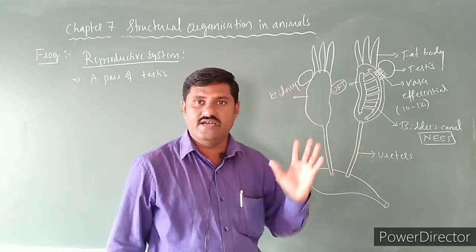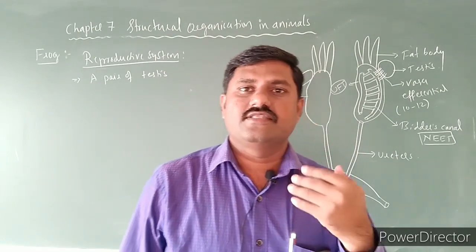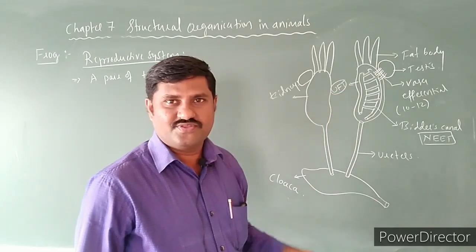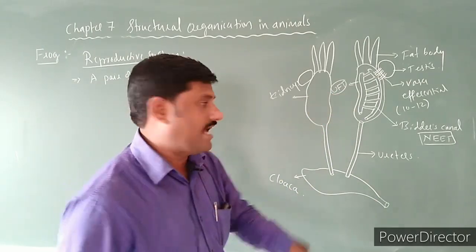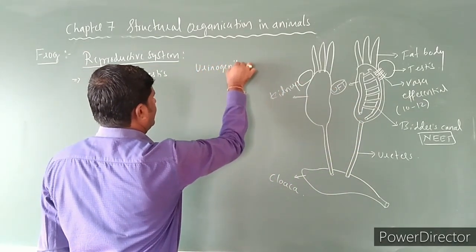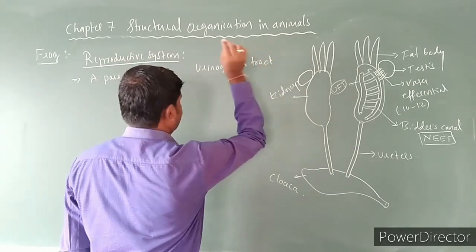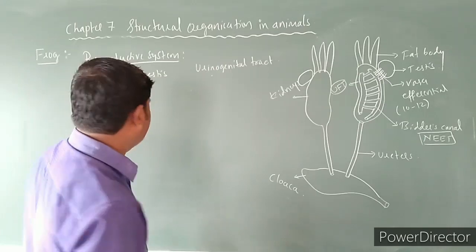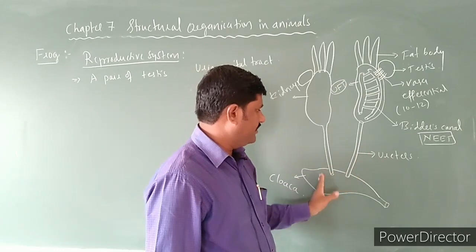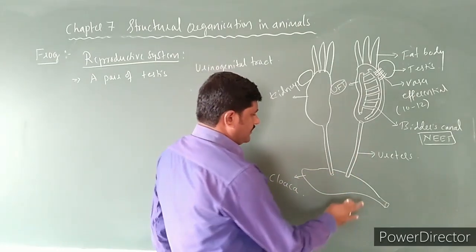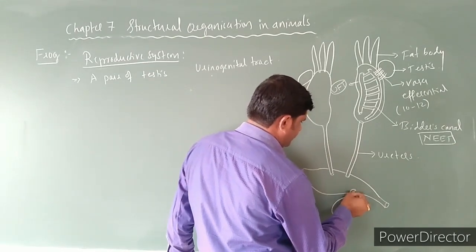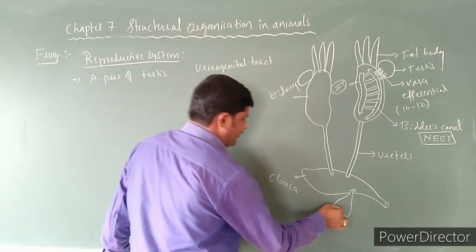Hence in the male reproductive system of the frog, it is called the urinogenital tract. This urinogenital tract consists of a pair of testes, kidneys, ureters, and cloaca. And on the inferior side, there the urinary bladder is there.